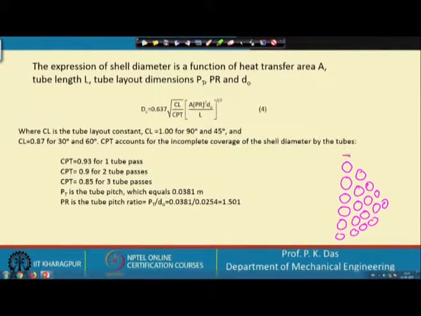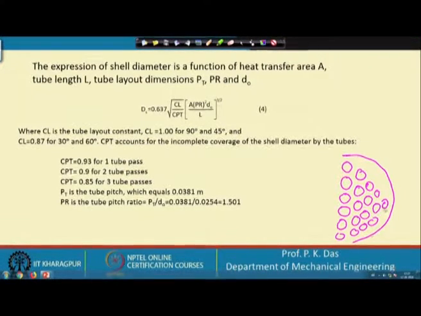So, now the shell diameter has to be provided to encompass all the tubes. So, actually what will be the tube layout, that one has to first identify, and then based on the tube layout one has to select the shell diameter.